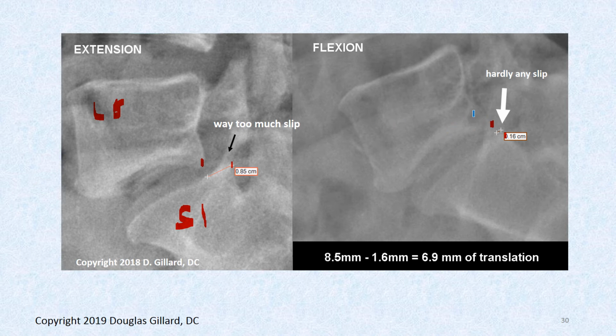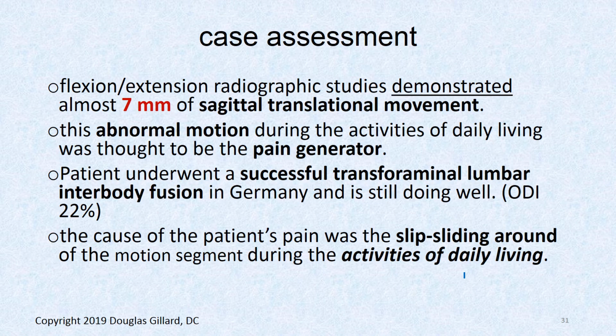I mean, this thing is banging back and forth all day. It's going to bang the nerve roots, cause sciatica. If there's an annular tear in this disc, it's going to irritate that. If the facet joints are wrecked, it's going to irritate those. So this is clinically significant. And she ended up flying to Germany and had an interbody fusion and was doing really well.